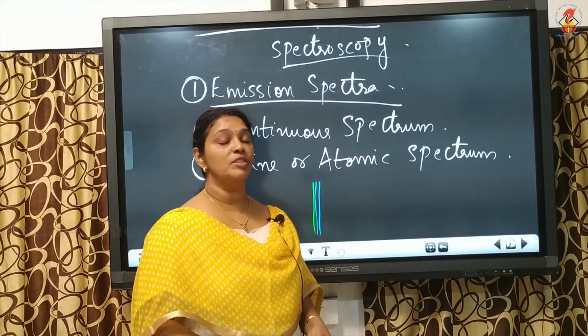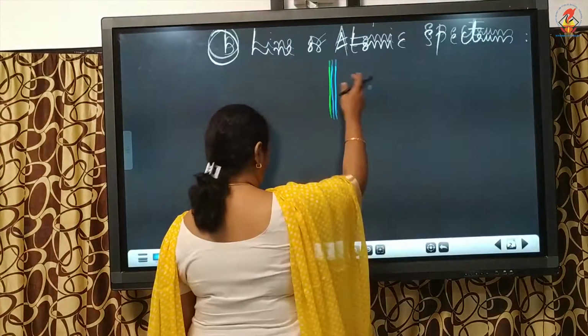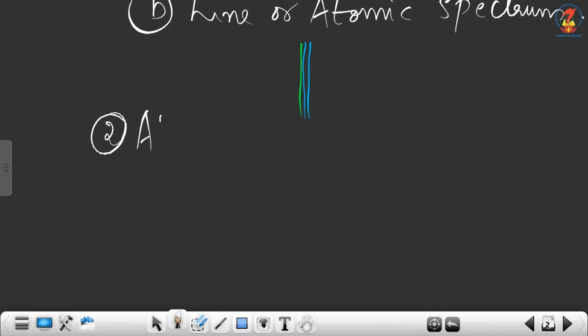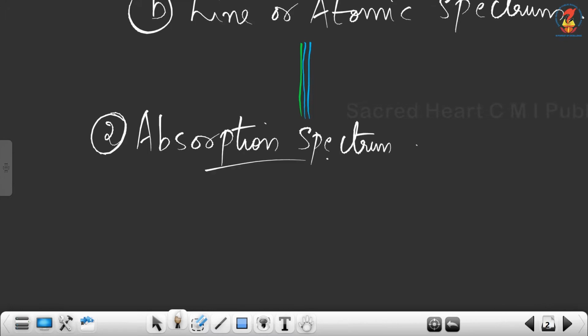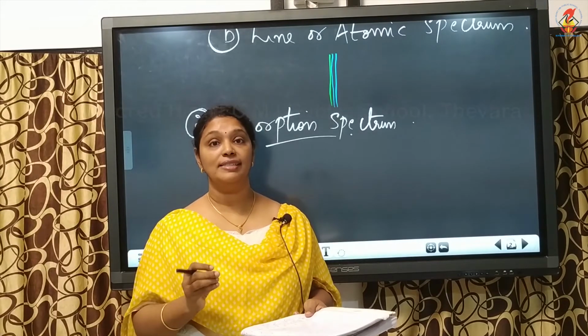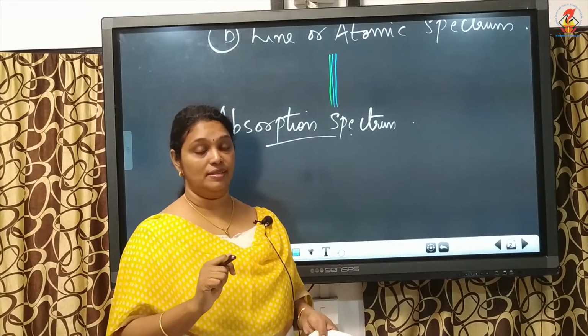Now the second type of spectrum is absorption spectrum. The spectrum obtained by the absorption of radiations is known as absorption spectrum, and it is observed as dark lines separated by bright spaces.